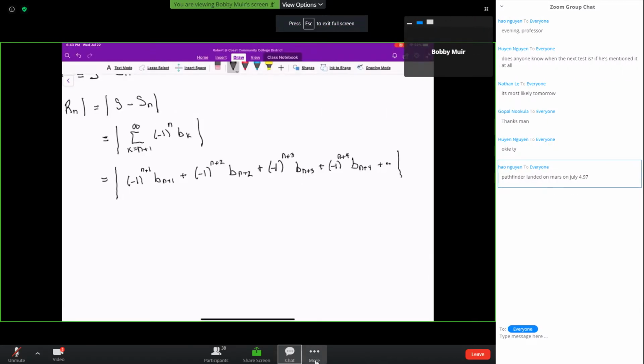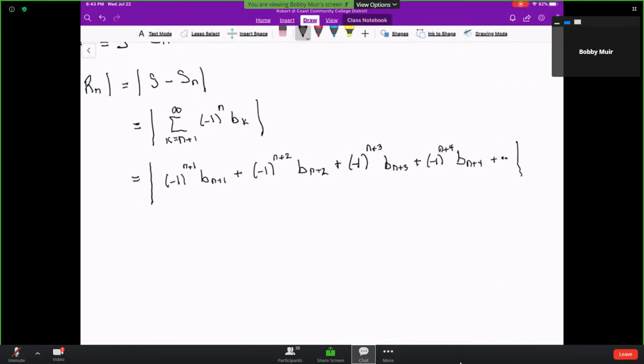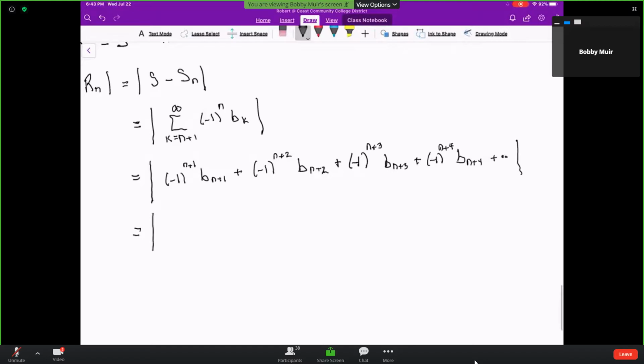So we are assuming that the bn's go to 0. So the next step is a little bit skeptical. Okay, I'm going to factor this x to the n plus 1 out.